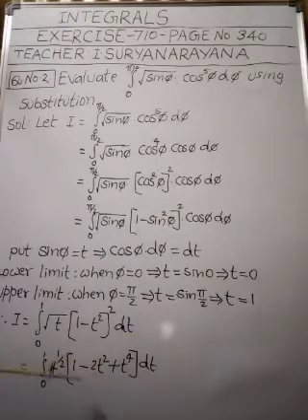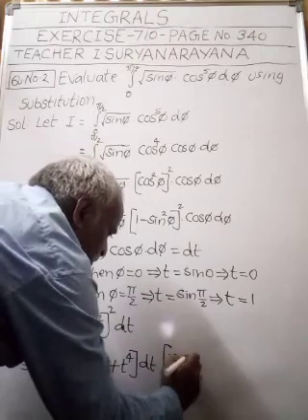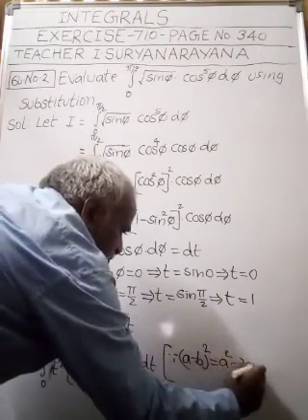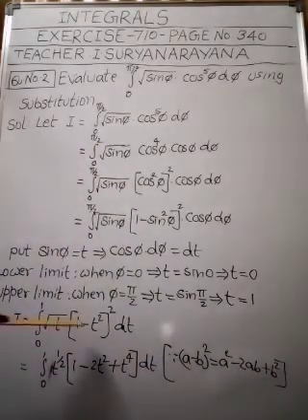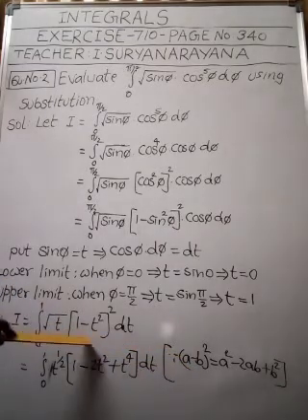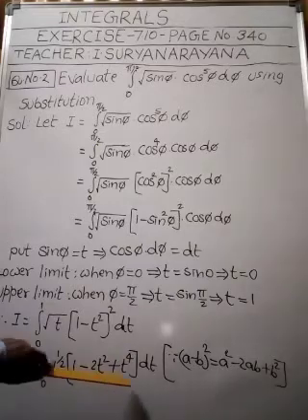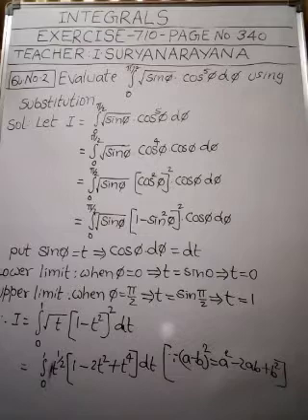I wrote the expansion directly by using (a minus b) whole square. (a minus b) whole square is equal to a square minus 2ab plus b square, where a is equal to 1, b is equal to t square. I expanded this binomial using this algebraic identity. Then we get this expression. Understood this step, my children? Right.